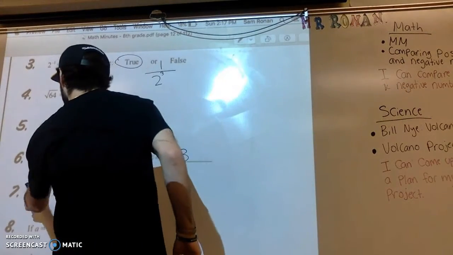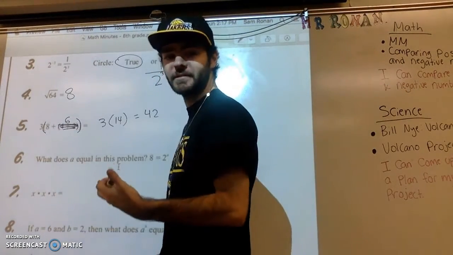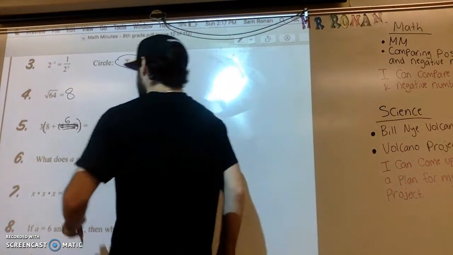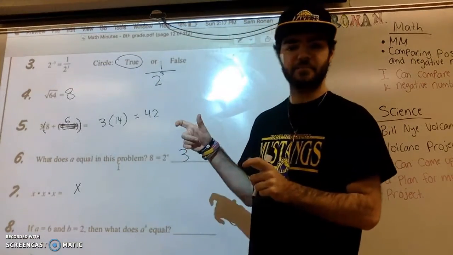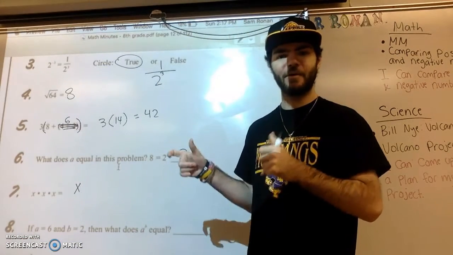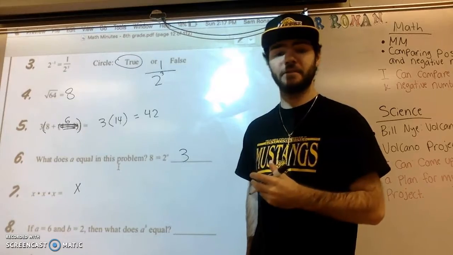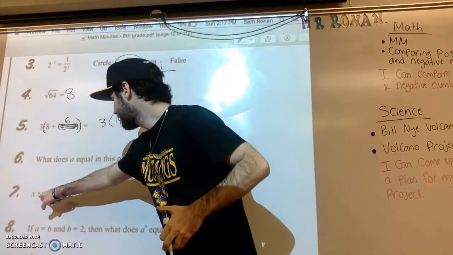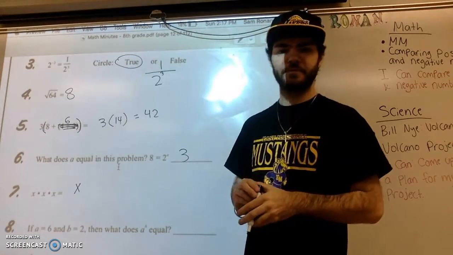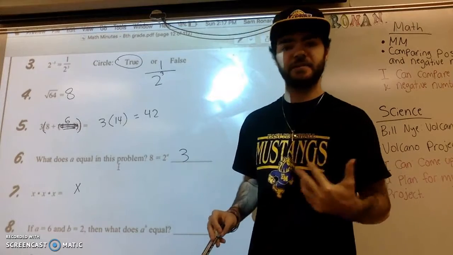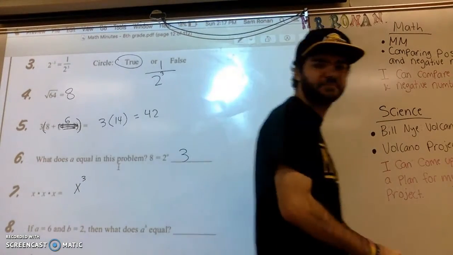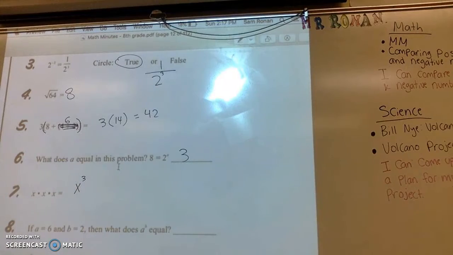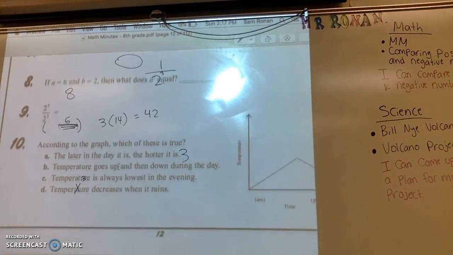The letter we're multiplying over and over again is x. And our exponent, that number in the top right corner, is how many times we're multiplying x by itself. I see here that we have 3 x's. So that means we're going to have an exponent of 3. Okay, x cubed. Sweet.